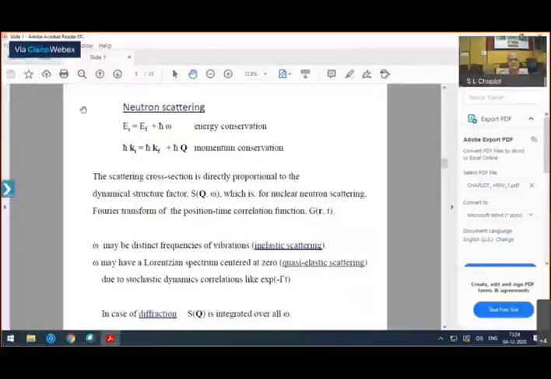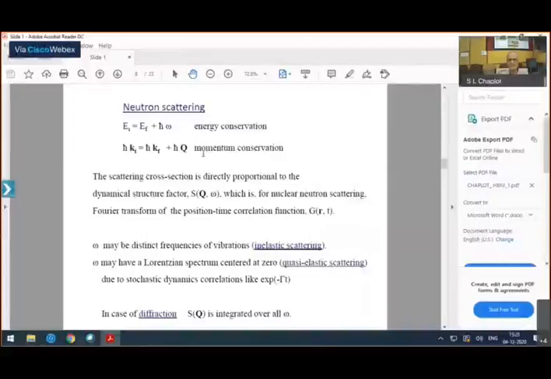Now, all right, so let us see what we have already discussed so far. The incident energy is final energy plus h cross omega. This can also be seen as a statement of energy conservation. Similarly, if I write Ki equal to Kf plus Q and multiply by h cross, then this is the momentum of the incident neutron, momentum of the scattered neutron, and this is the momentum transfer.